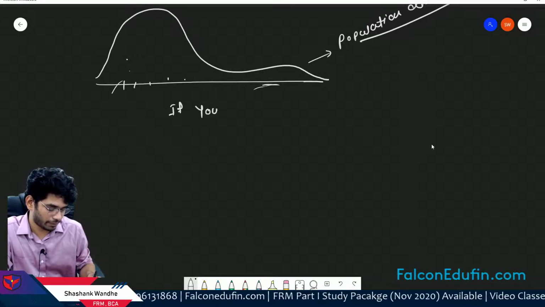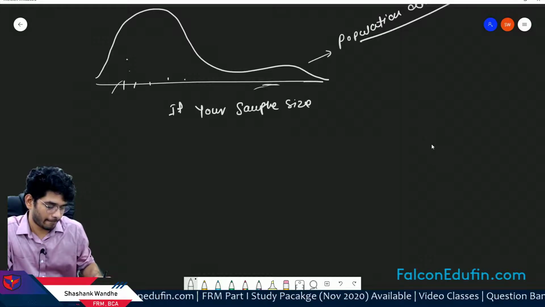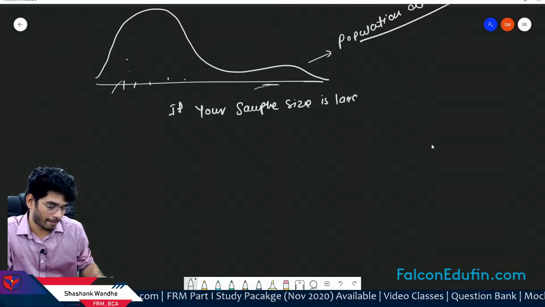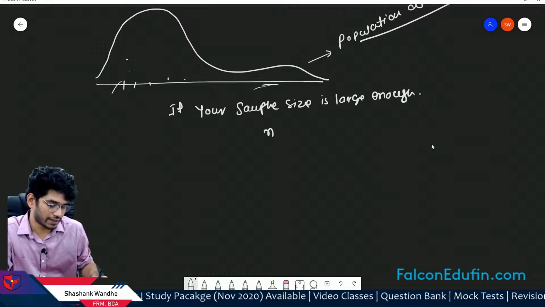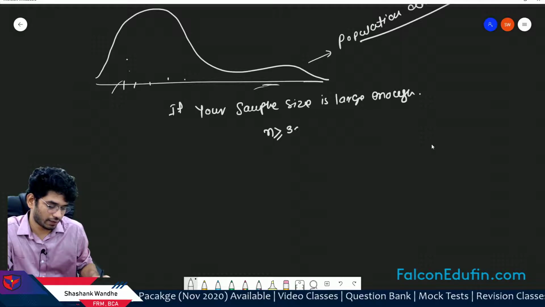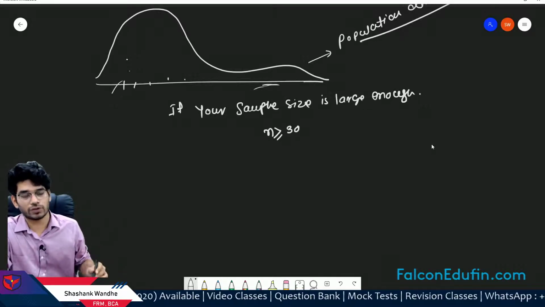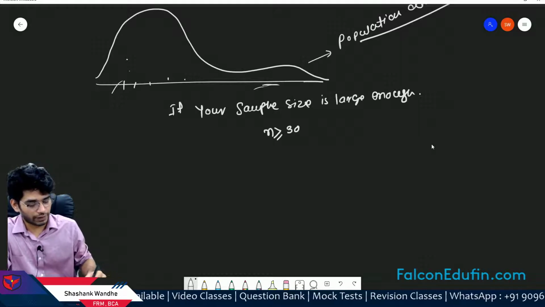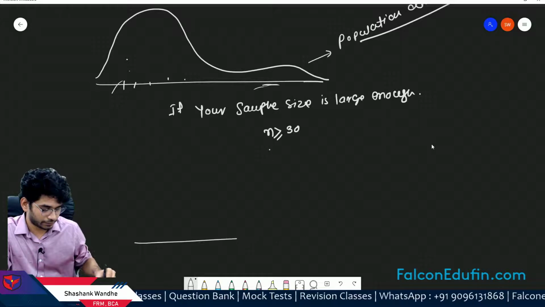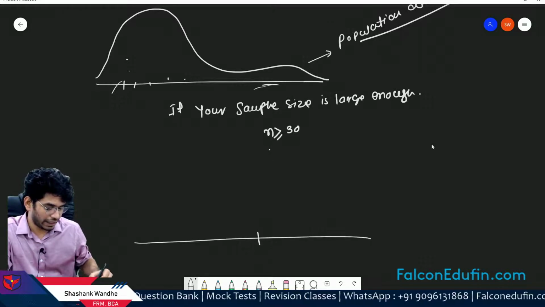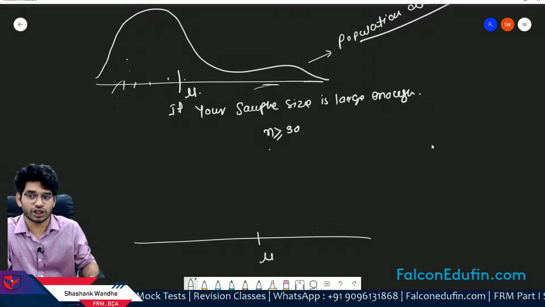If your sample size is large enough, what is large enough? That is n is equal to or greater than 30. So 30, 31, anything is fine for us. If you use a sample size which is large enough, then the sampling distribution will have mean mu, which is exactly the mean of the population.